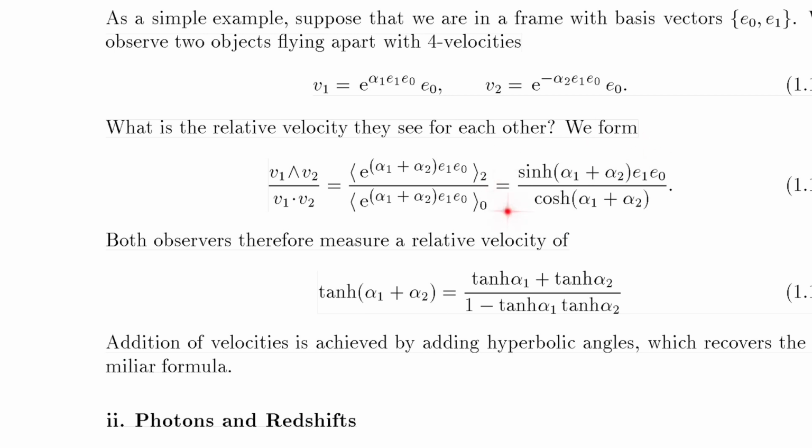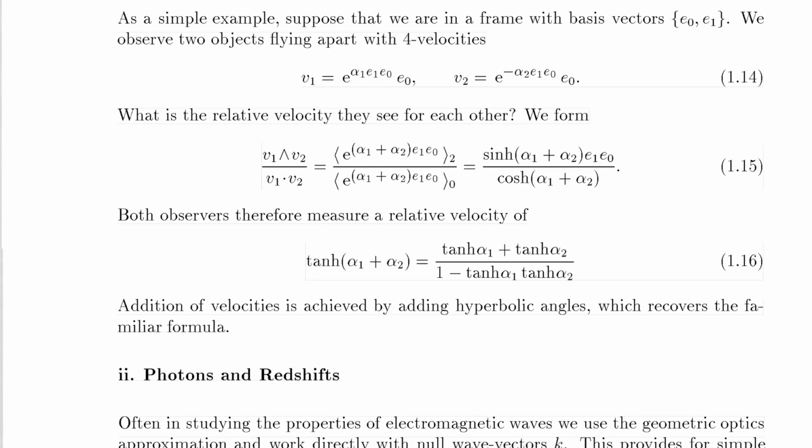And that's what they got right here, right? That's what they got right here. And then by using the hyperbolic tangent sum of angle rule, they recover what looks very close to the classic formula. They say this recovers the familiar formula. My familiar formula has a plus sign here, right?